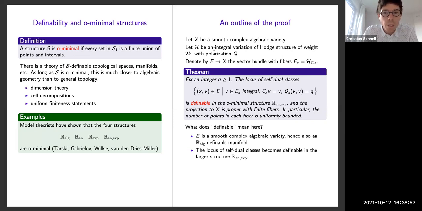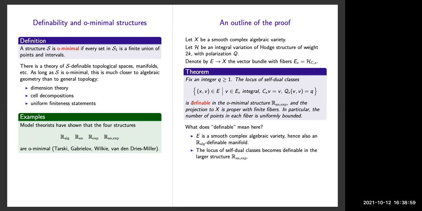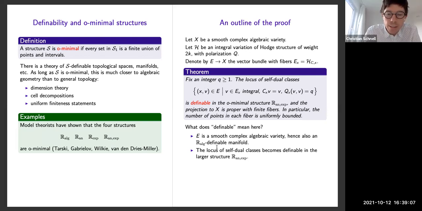Yeah. But you just wrote what definable means here. Sorry, I guess this is not clear. When I say that this locus inside of this vector bundle is definable, what it means is that first of all, I consider this algebraic vector bundle as a definable manifold.